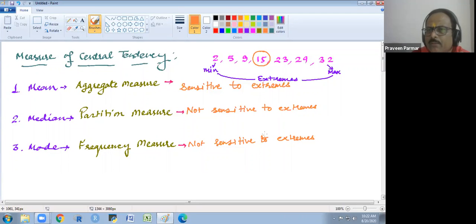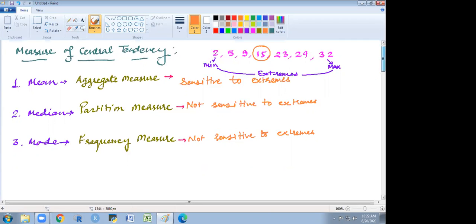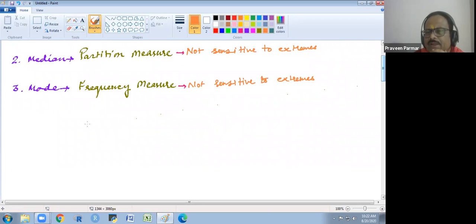Why am I talking about this? Mean is sensitive to extremes, median is not. Because whenever we get some data, we get some gaps, some noisiness, some deficiencies in the data. The deficiencies may be duplicate rows.